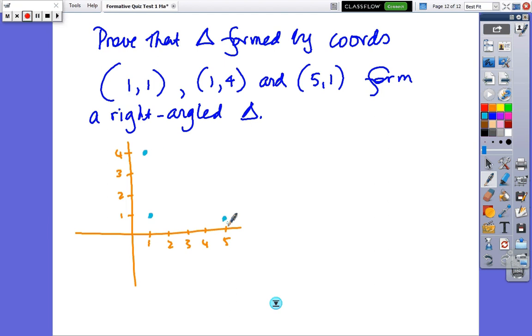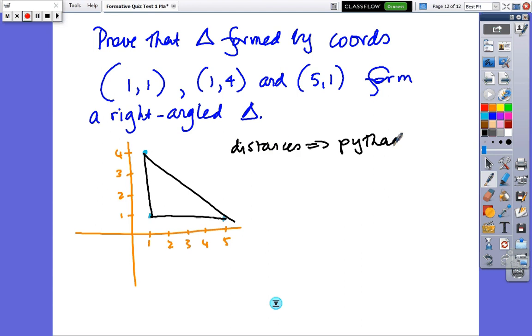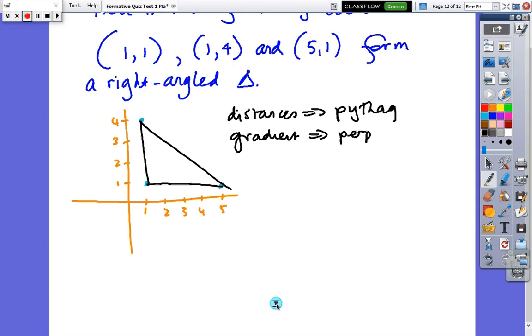So you have to prove, not just by sketching, okay, that it's a right angle triangle. So you can use the distances and then use Pythagoras, or you can use the gradients and get a perpendicular. Okay, it's up to you what you do.